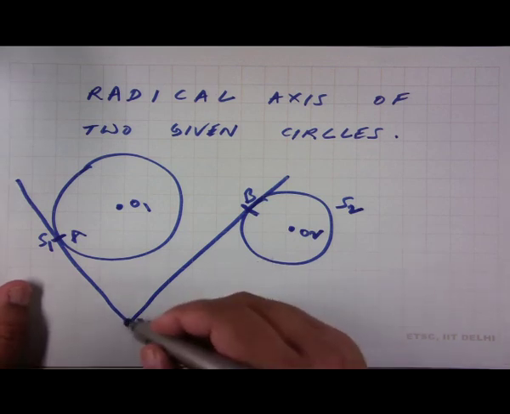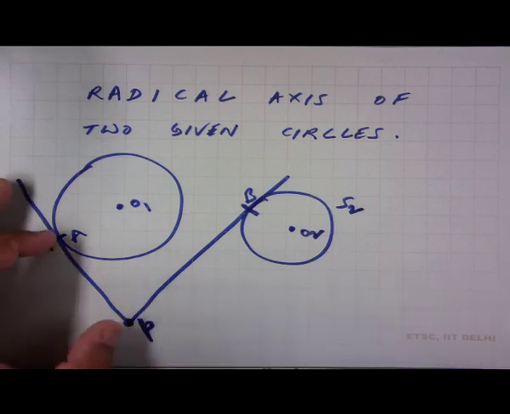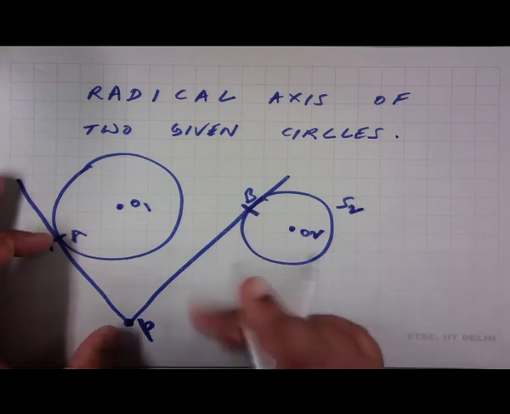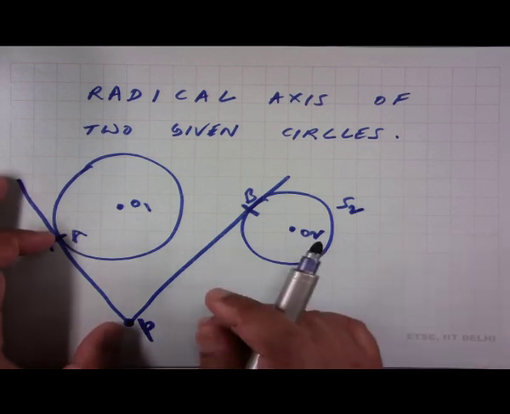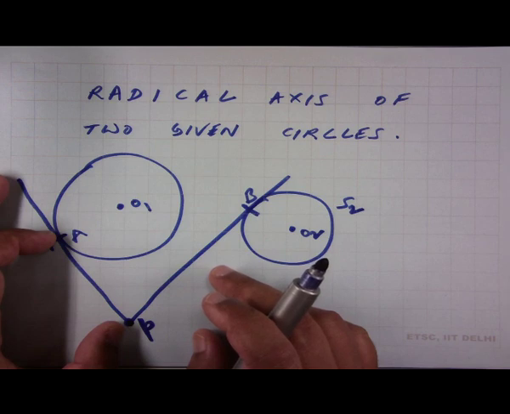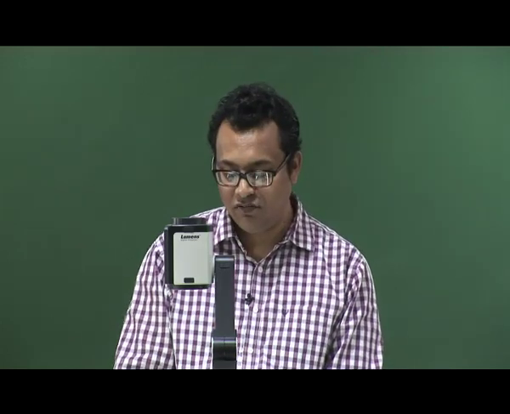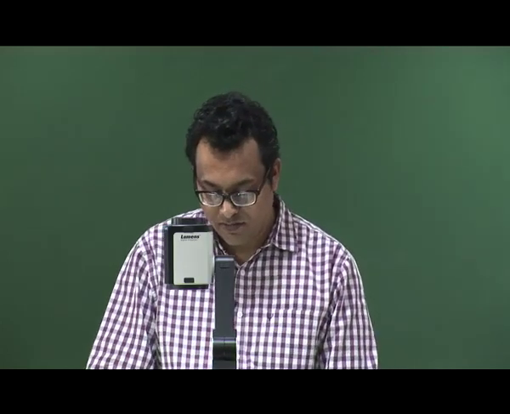So, there is not just one unique point whose length of the tangent to both the circles are equal. There are infinitely many points, and the locus of all these points, as we will see soon, is a straight line which is actually called the radical axis of these two given circles.